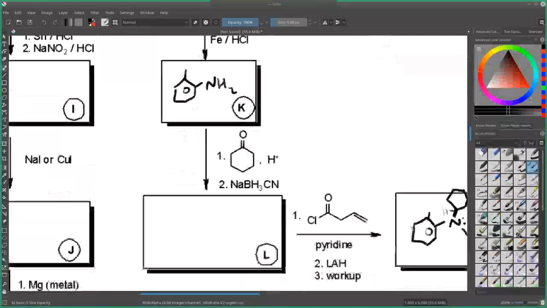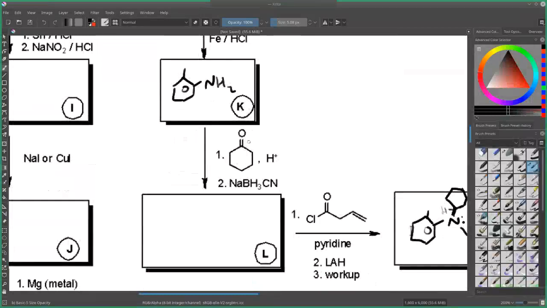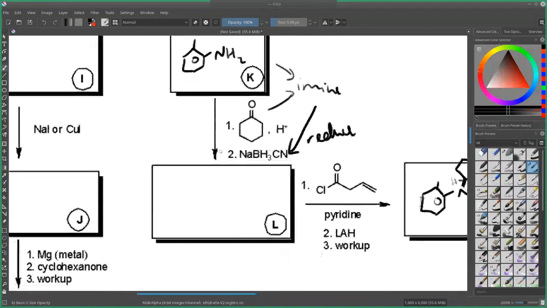Great. Now we're giving it this ketone again, and we're giving it a reducing agent. Okay? We just did this reaction. We've seen it already, so we know what's going to happen. We know it's going to form an imine and then reduce, because this is what reductive amination is, right?